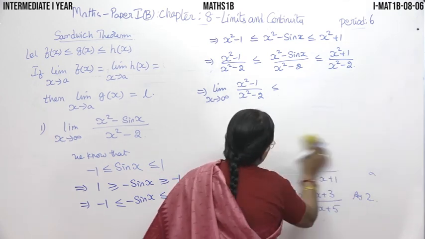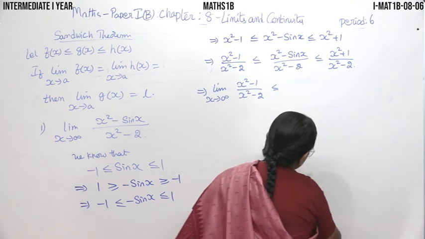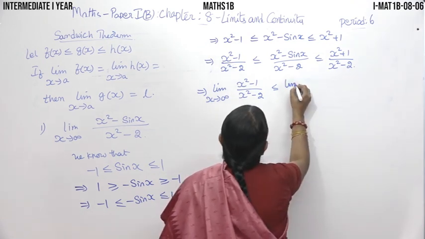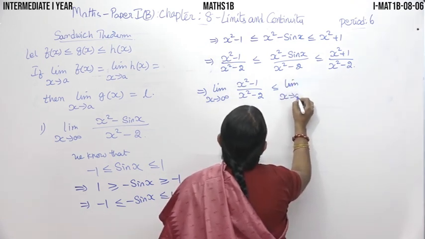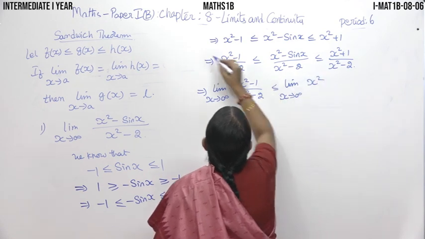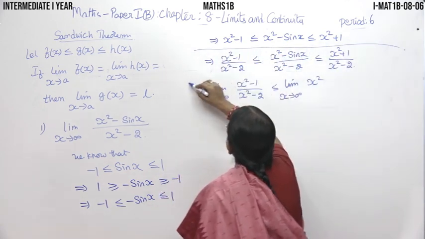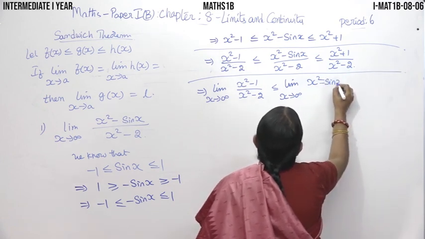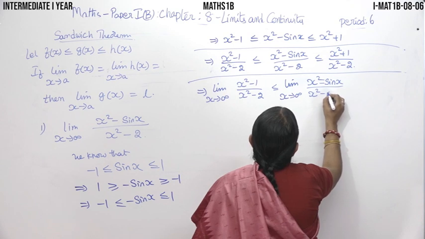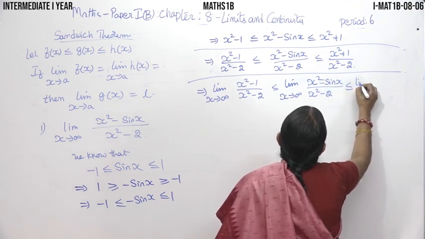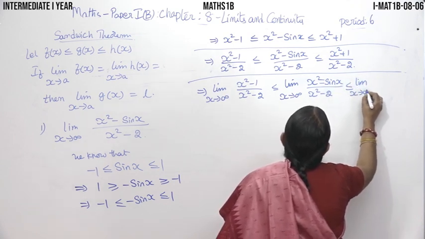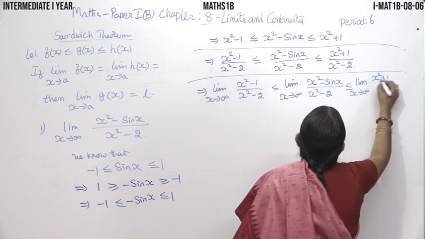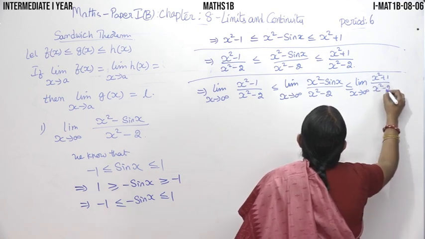Limit x tending to infinity of x square minus 1 by x square minus 2 is less than or equal to limit x tending to infinity of x square minus sin x by x square minus 2, and I'll draw a line so that we'll not confuse the steps, is less than or equal to limit x tending to infinity of x square plus 1 by x square minus 2.